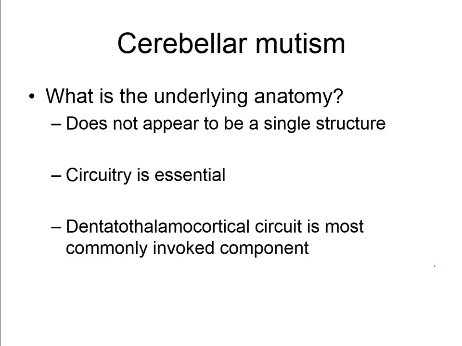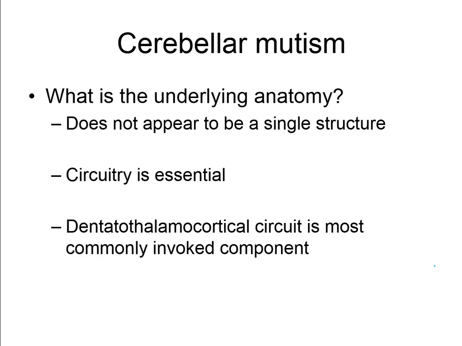It's a circuit deficit, and this is a concept we're going to come back to over the course of our discussion of cerebral cortex as well. But what's really critically important is some combination of the dentato-thalamocortical circuit. So what is that? Ascending or descending output? Ascending, comes out from the dentate, goes to the thalamus, ipsilateral or contralateral thalamus?